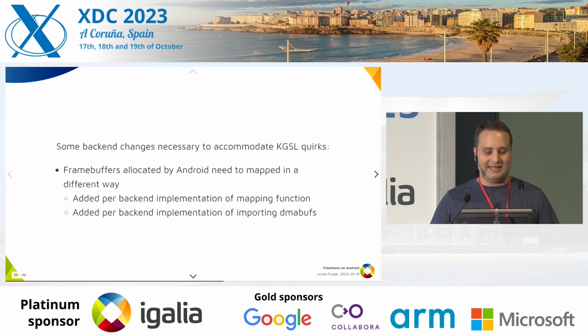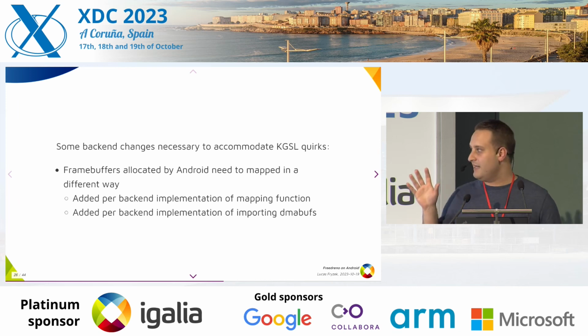There were some necessary backend changes that the Freedreno interface that I mentioned before didn't actually accommodate, that were necessary in order to make it more general to different kernel mode drivers. The big thing was that the way frame buffers are allocated in Android is very different, and they need to be mapped in a different way.